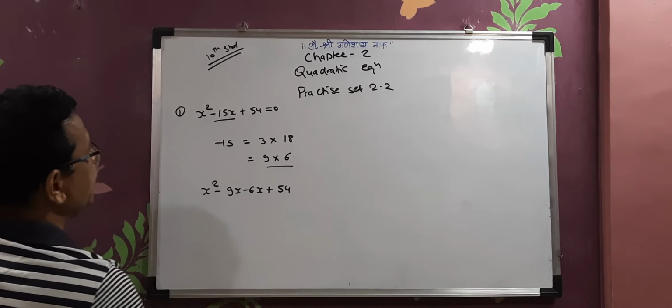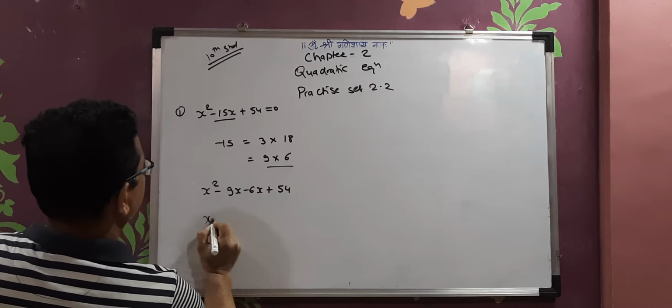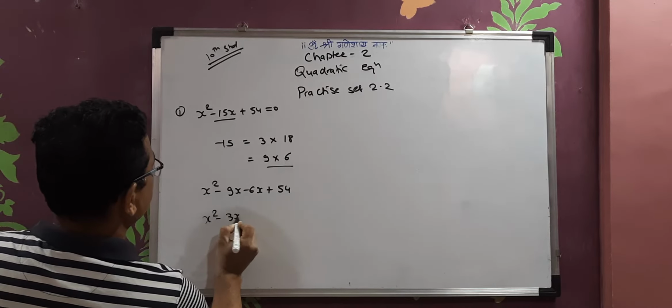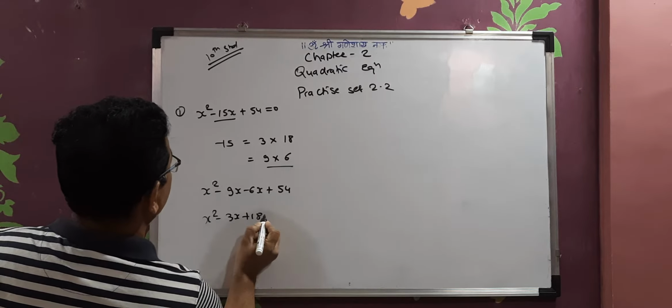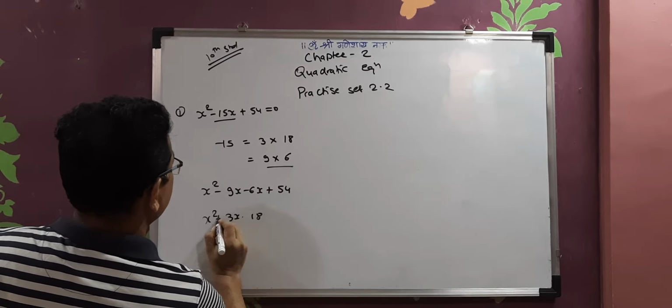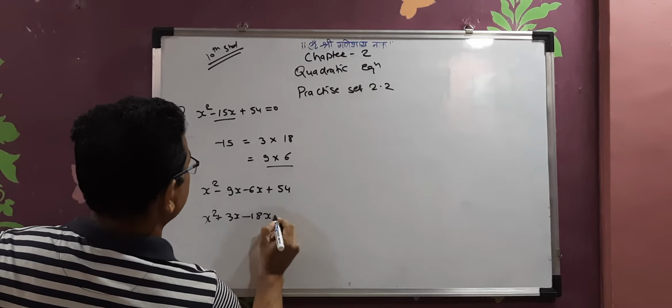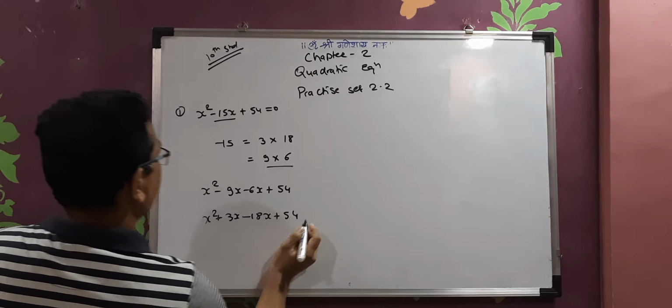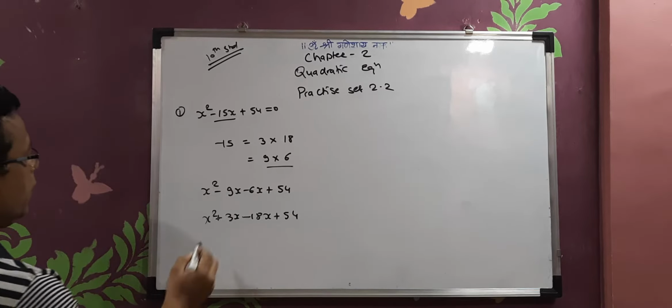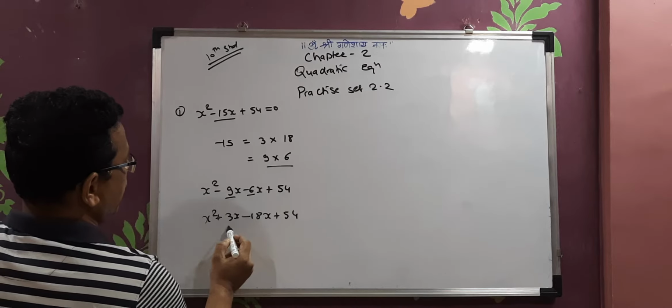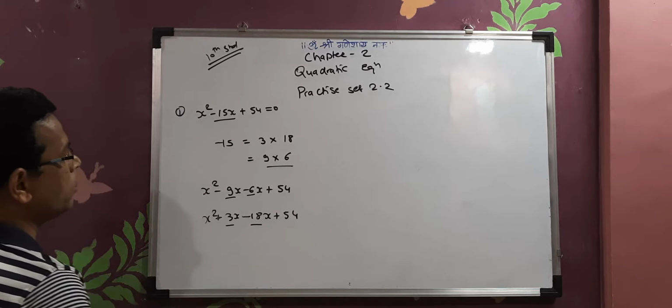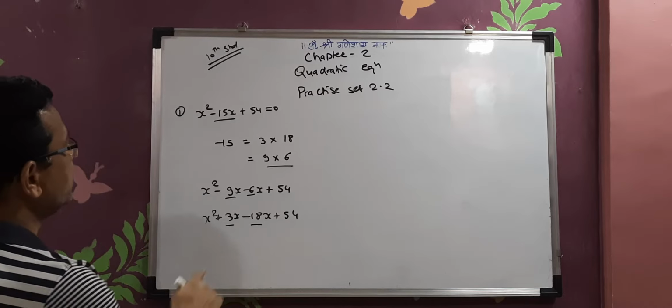Why have you not taken 3 and 18? If you take 3 and 18, x square minus 3x minus 18x plus 54. Why are we not considering 3 and 18?